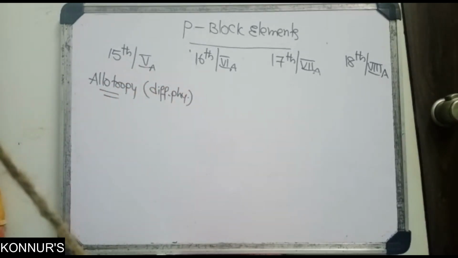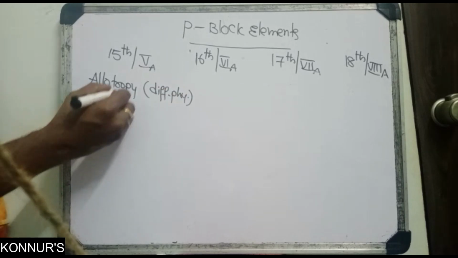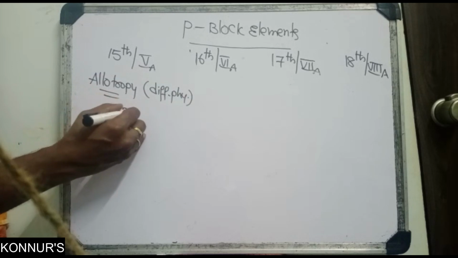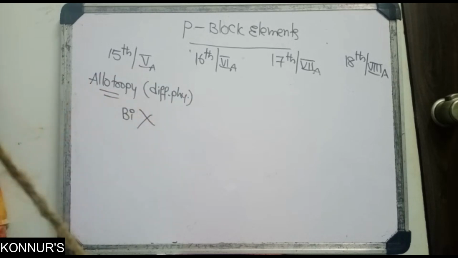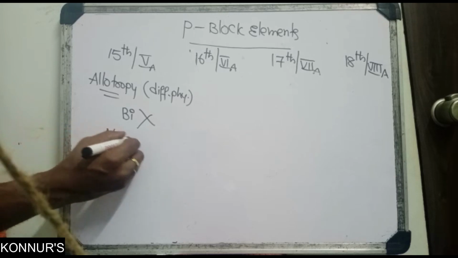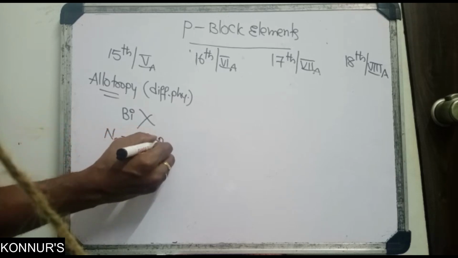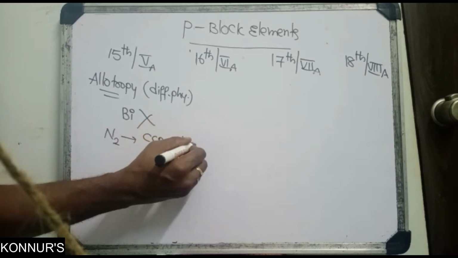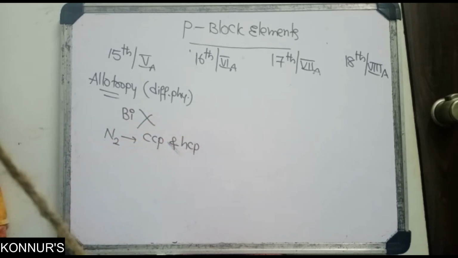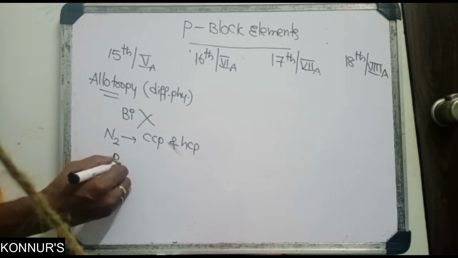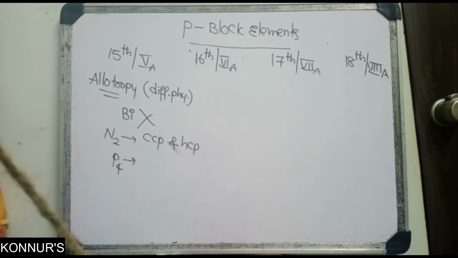That is called allotropy. Here nitrogen is showing it, bismuth is not showing allotropy. Nitrogen in the solid state shows a CCP structure and also an HCP structure. It is showing two structures in the solid form. Bismuth is not showing it.